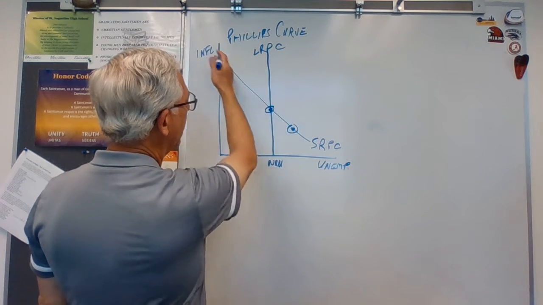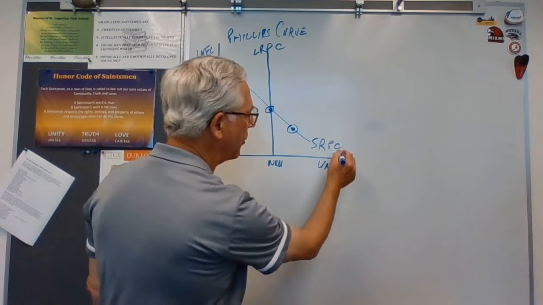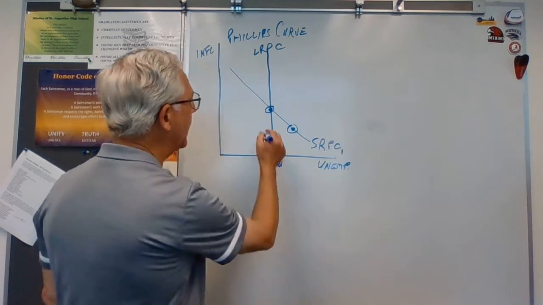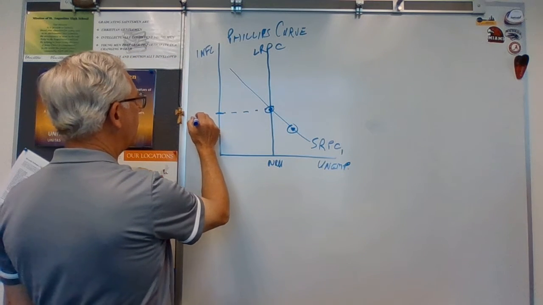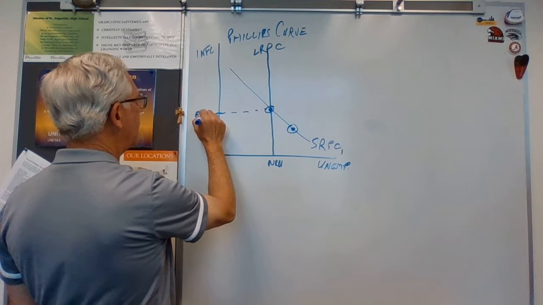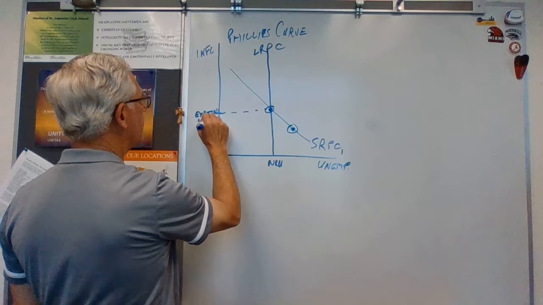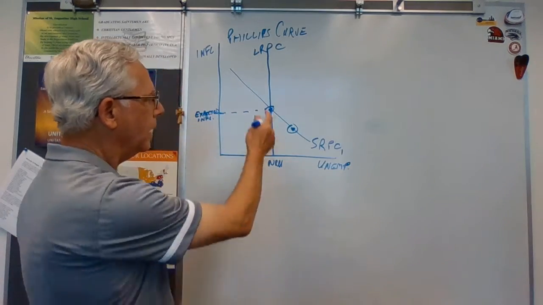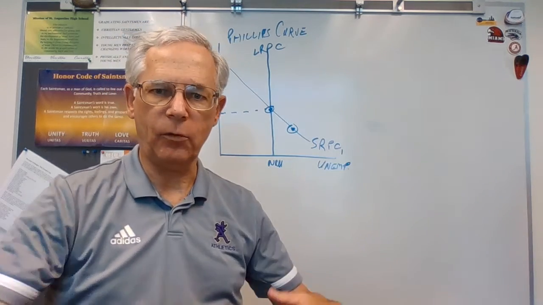Given the circumstances that create this particular short run Phillips curve number one, this is the expected rate of inflation.